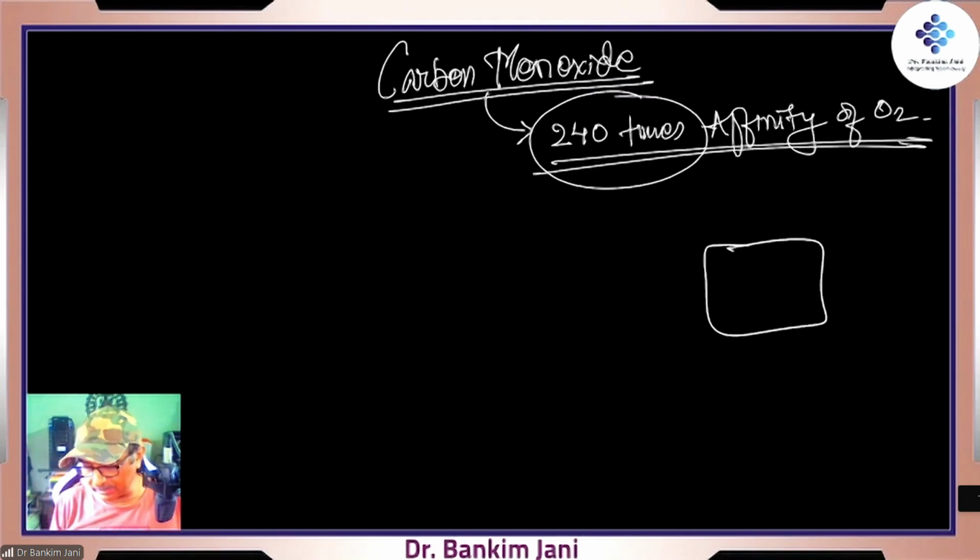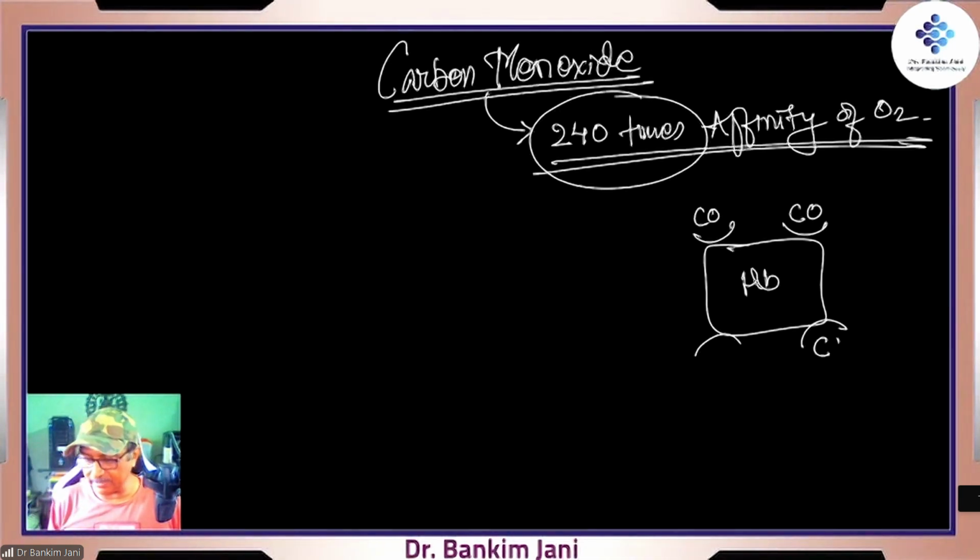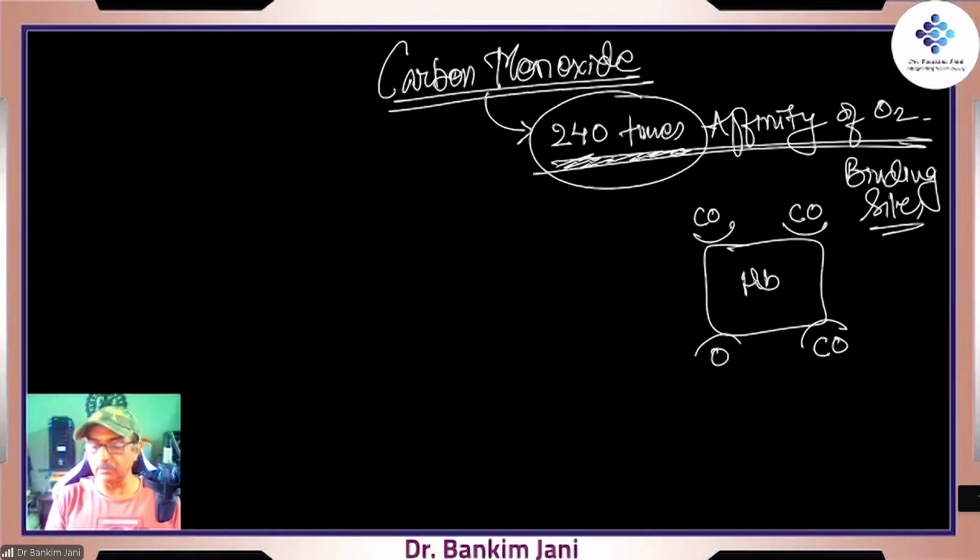These are the four seats on the hemoglobin where the oxygen is to be attached. The carbon monoxide will jump in and say, no, these places are for us. It has 240 times more affinity than oxygen for the oxygen binding sites.